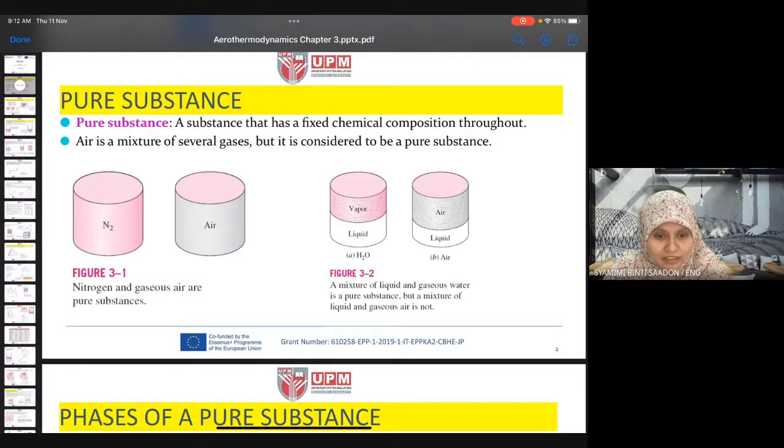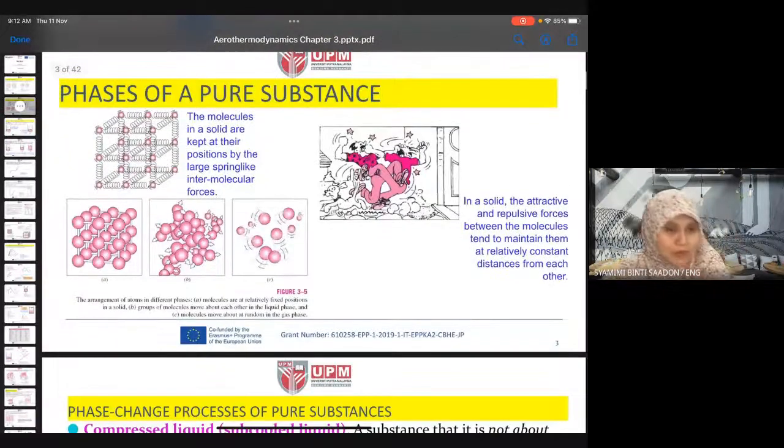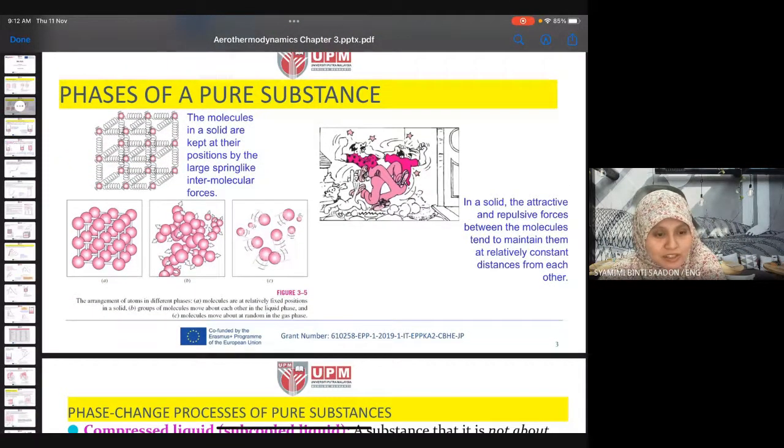Okay, and then phase of pure substance. So these are the molecules. I think you have already learned this one in SPM. We can imagine the structure, the position of the molecules inside the pure substance: solid, liquid, and gas. A, B, C. A is, for example, the molecules in a solid.